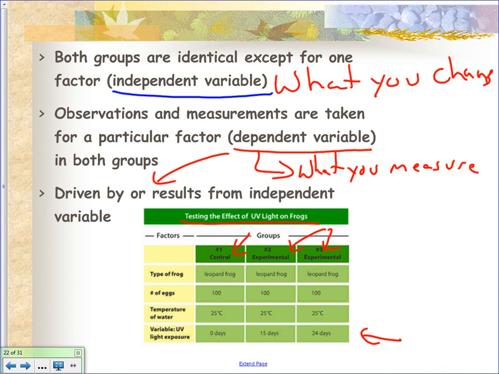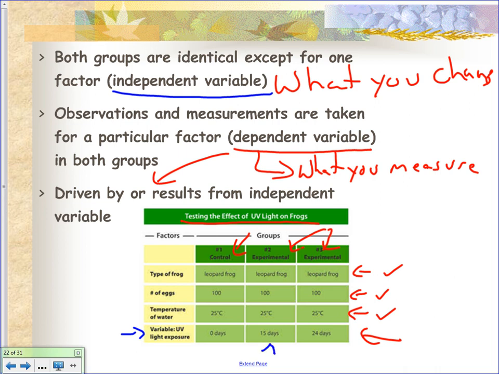If we look at the experiment, we notice that the frogs are the same. So that's a control. The number of eggs that we use is the same. That's a control. The water temperature was kept the same. So that's a control. But here's what we changed: we changed the UV light exposure. Now in our control, we didn't expose the eggs to any UV light whatsoever.